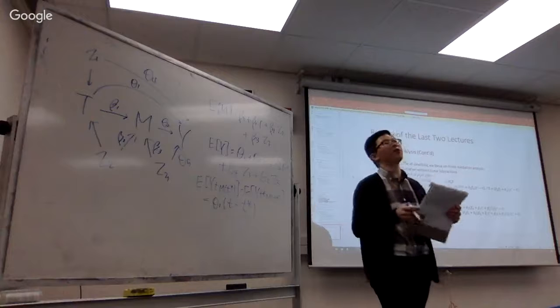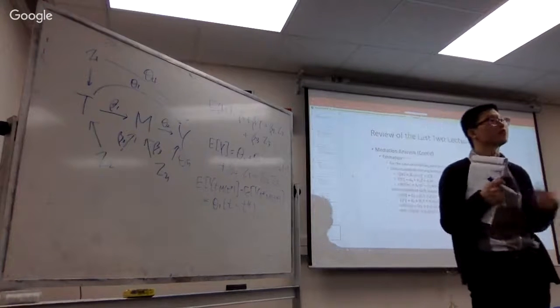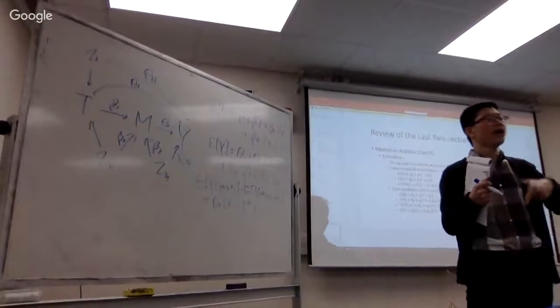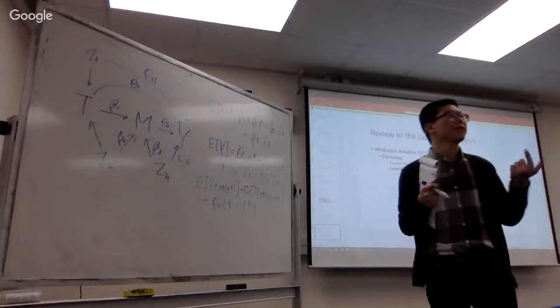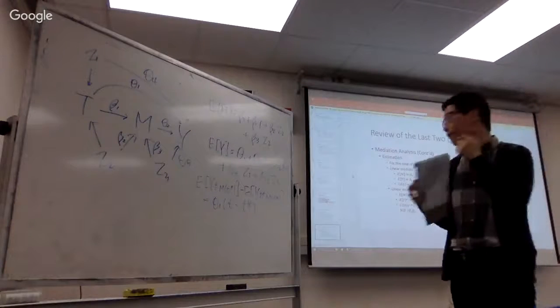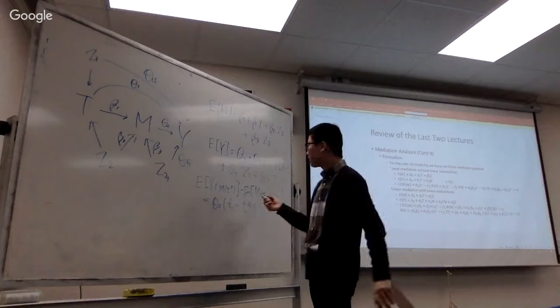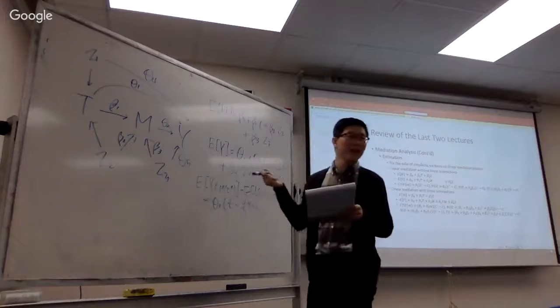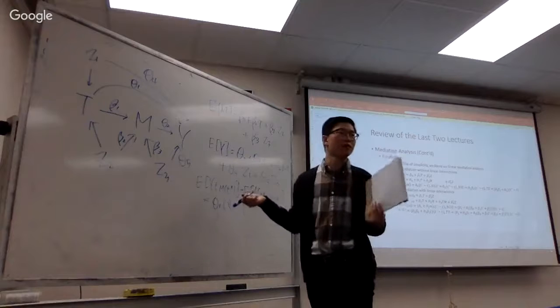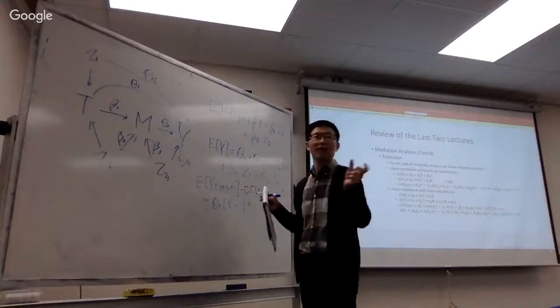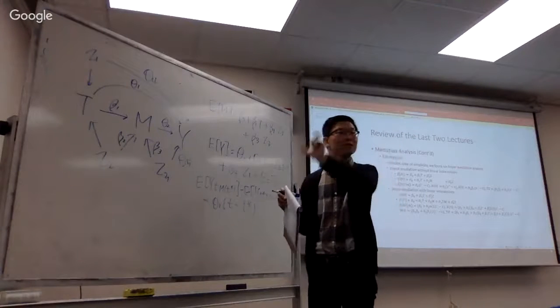So it means that there is no interaction between T and M, the CDE and NDE would be the same. And then you can do the same thing for NDE, NIE, and then total effects as well. The total effects would be NDE plus NIE.